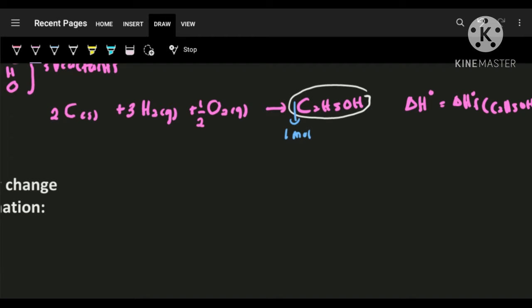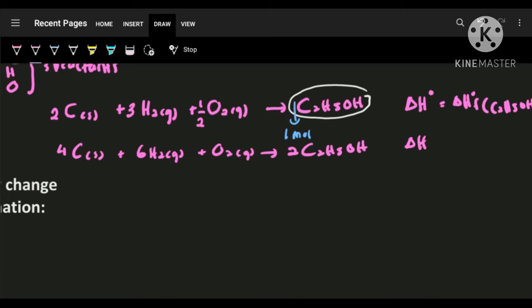If I write the chemical equation 4C plus 6H2 gas plus O2 gas giving 2C2H5OH, this is not considered a standard enthalpy change of formation. Why? Because this is not 1 mole of compound.